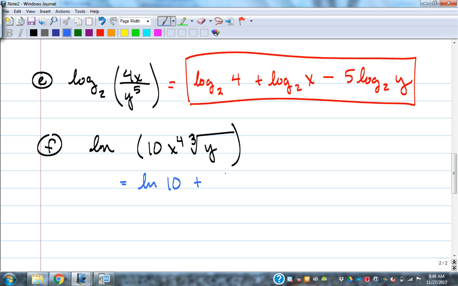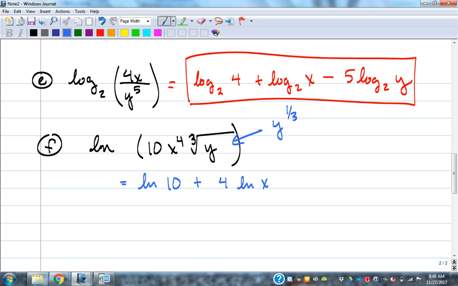Well, the power property says that 4 exponent can come to the front. And then here's something that you may not know. The cube root of y is actually y to the 1/3 power. Those are the same thing. The way that works is whatever the index of the root is the denominator for the fraction power.